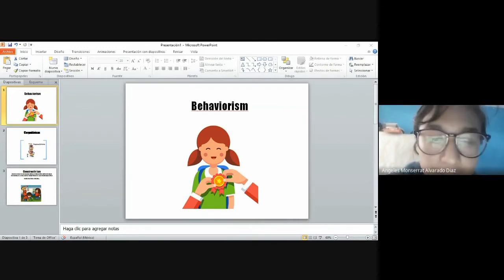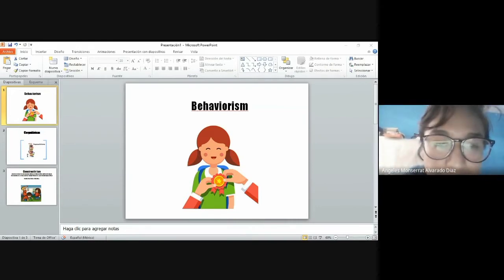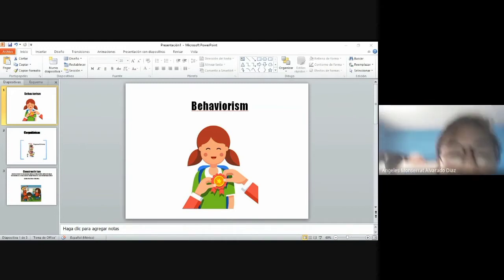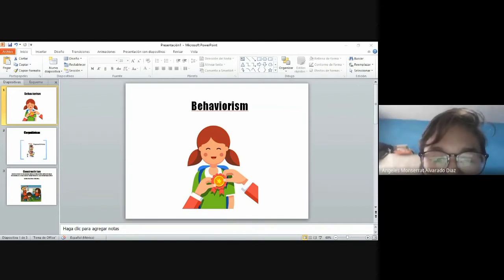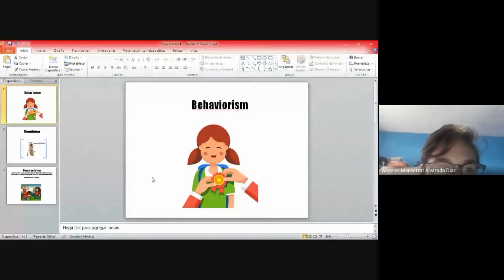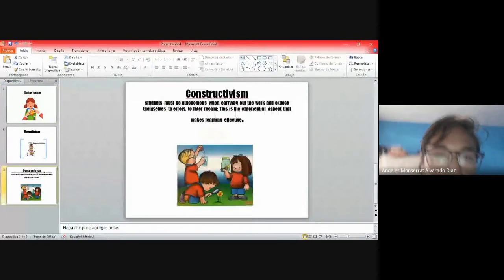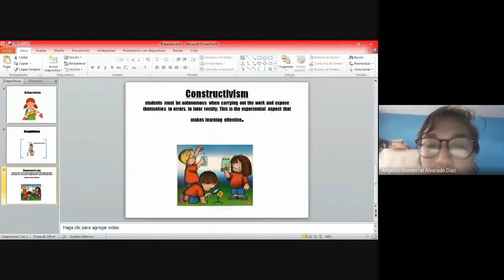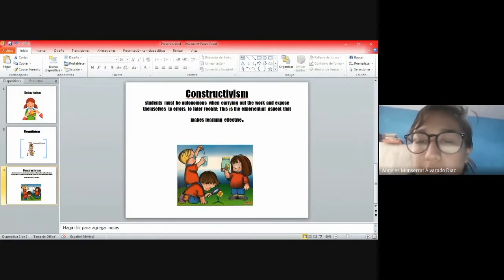In constructivism, the students must be autonomous in carrying out the work and expose themselves to errors to later rectify them. This experiential aspect is what makes learning effective.